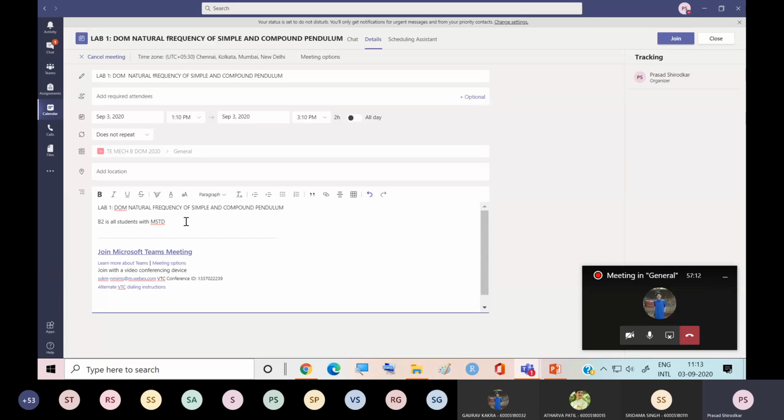First, make a rough journal: record all your readings in it, do the calculations, and submit it at the end of the practical. Just take a photograph and submit it.